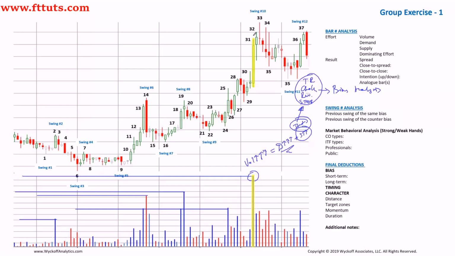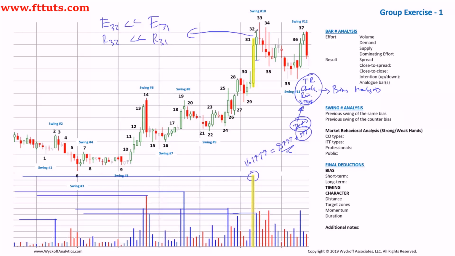And bar number 32 starts to confirm that, because the effort of bar number 32 is still a very high effort looking at all of the bars that we've seen before, right? So we probably would be thinking that the effort on bar 32, even though it's diminishing relative to bar number 31, but we also see that the result at 32 is much less than at 31.